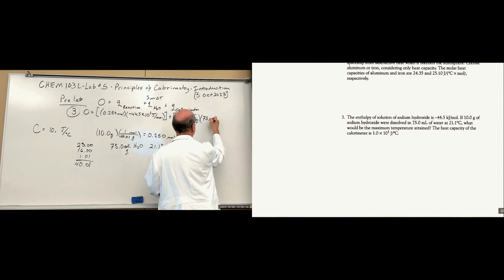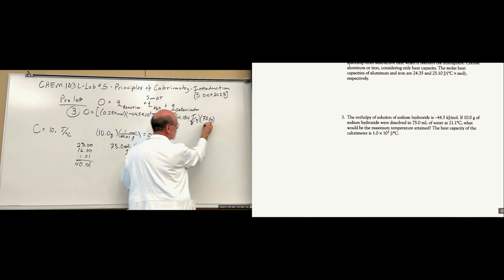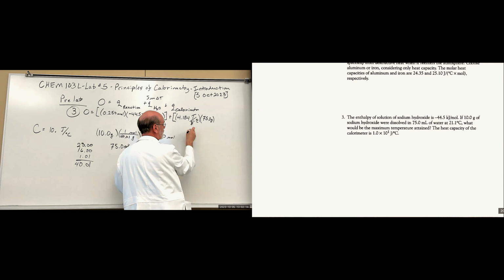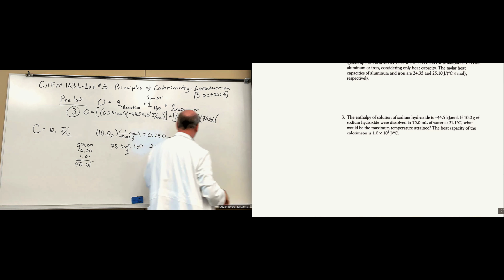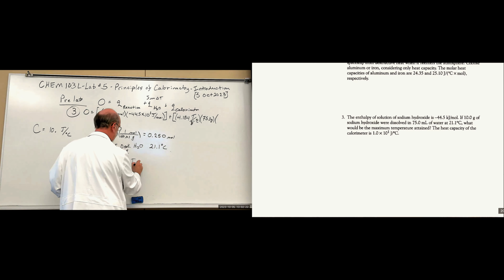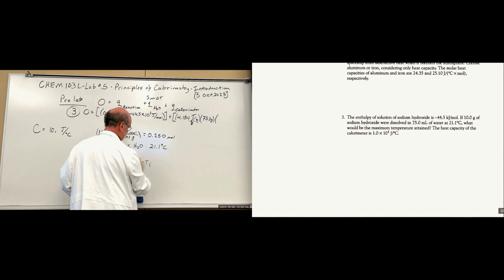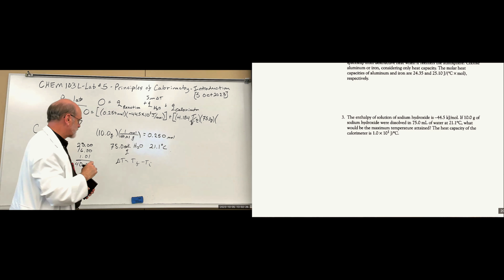So 75 grams goes over here, and the grams here cancel the grams there. Now we need a term for the temperature change. Remember, delta T equals final minus initial. So what's the final temperature?